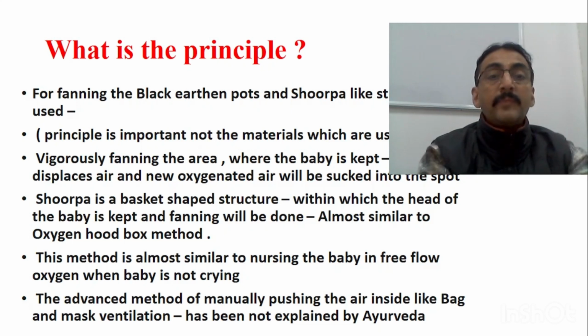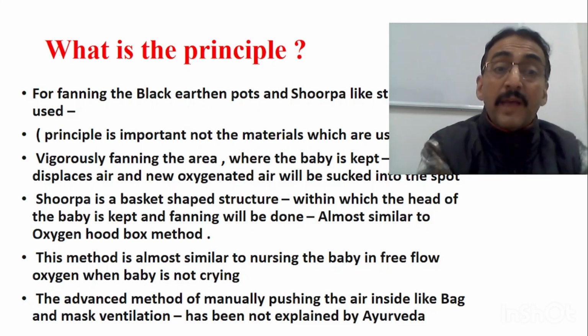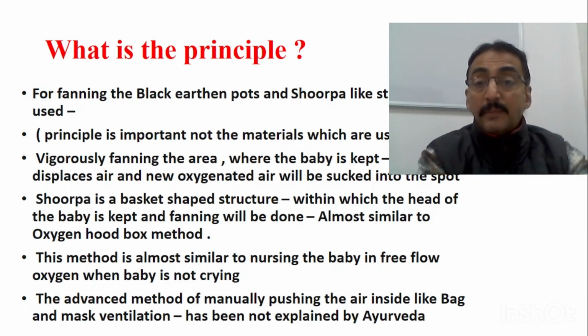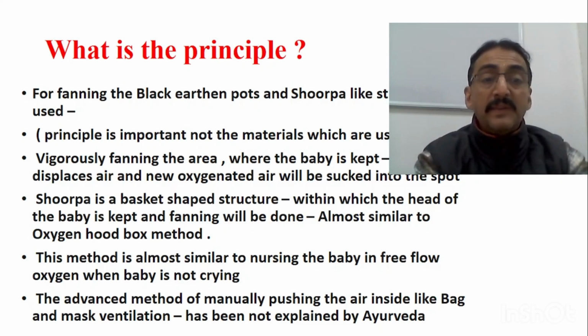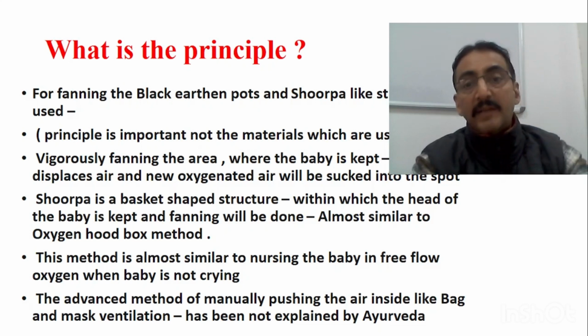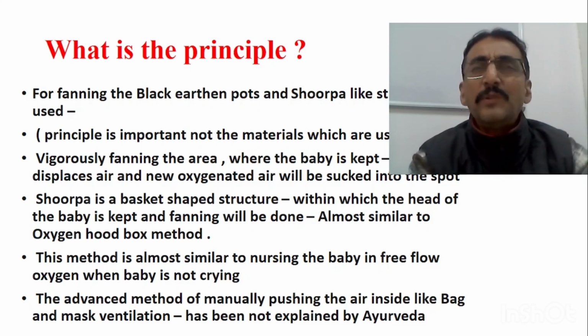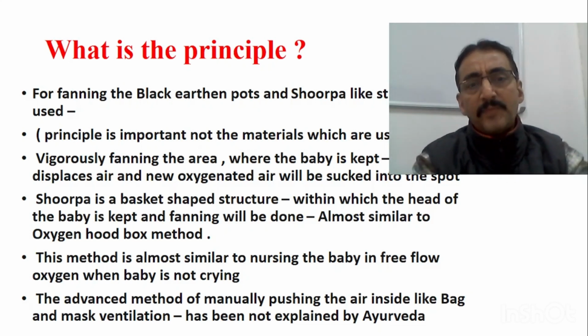Now, vigorously fanning the area where the baby is kept will rapidly displace the air, and new oxygenated air will be sucked into the spot. Shurpa is a basket-like structure within which the head of the baby is kept, and fanning will be done. It is almost similar to the oxygen hood box method.